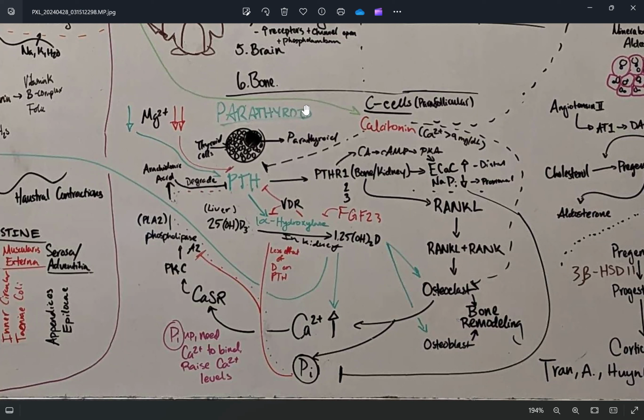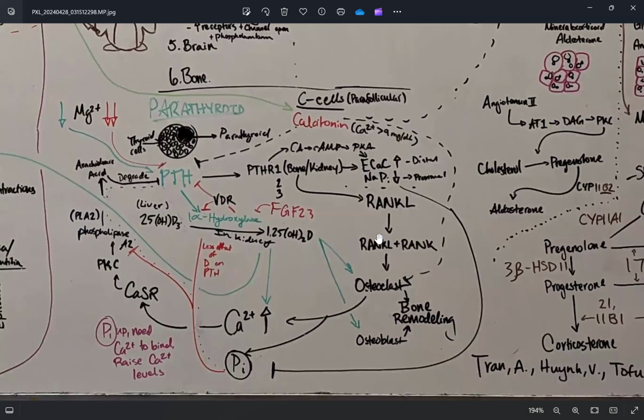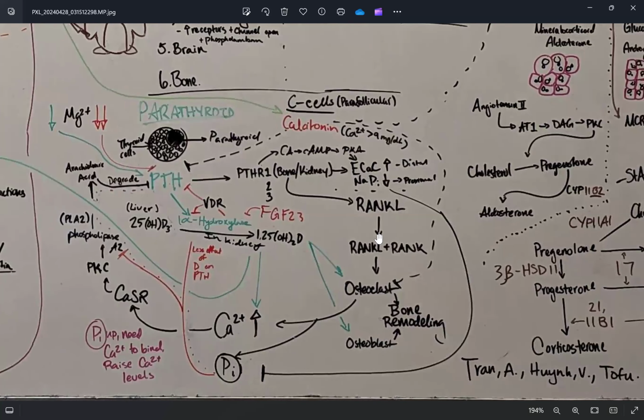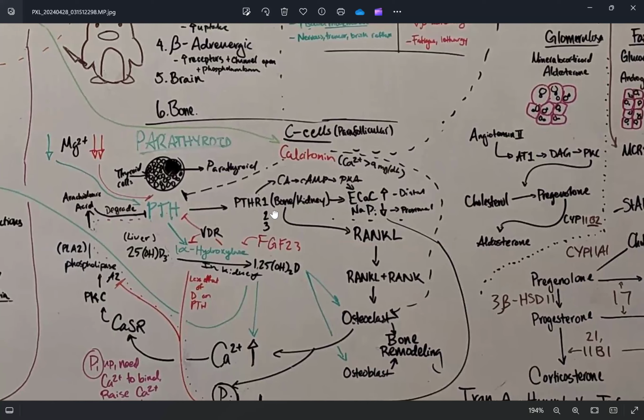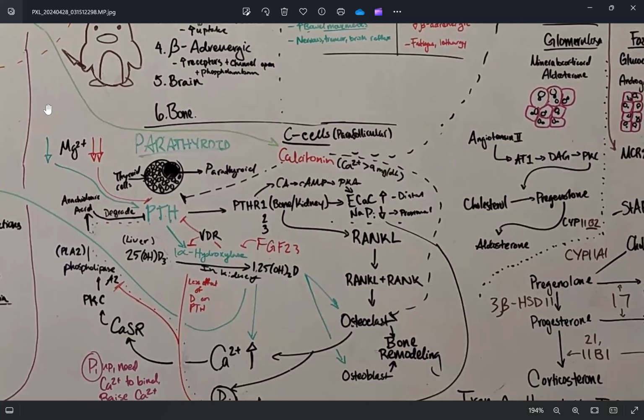PTH will signal to PTHR1, 2, and 3. The 1 is the one we care about because it signals to bones and kidneys. How does it signal? It will increase adenylyl cyclase. That is AC, not CA. My bad.